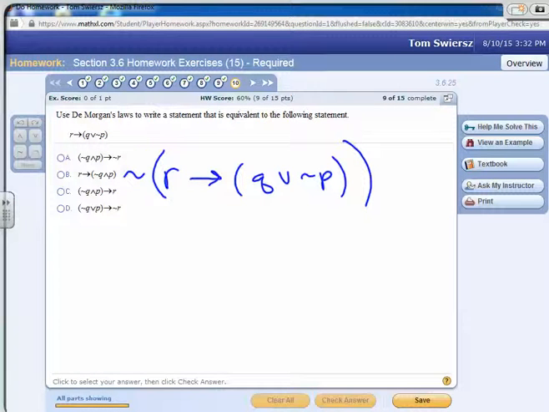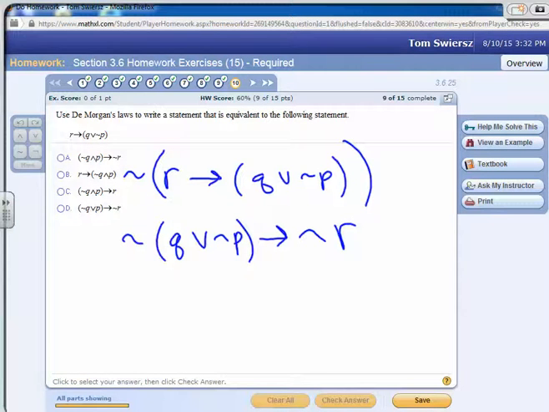So we have the negation of Q or not P, and then implies the negation of R, okay? So we have the contrapositive. Now, again, we switch the order and negate both, right? That's logically equivalent, the contrapositive.